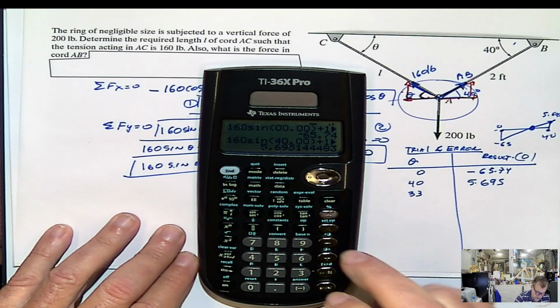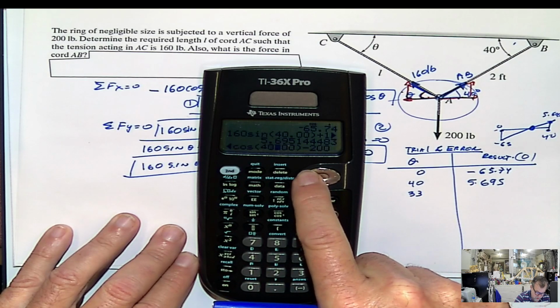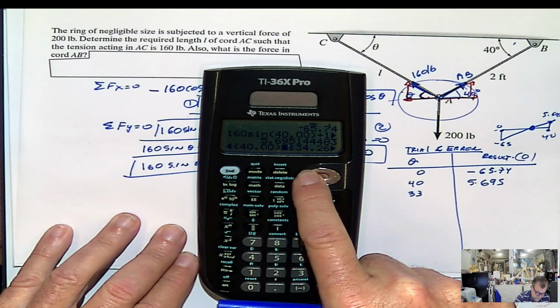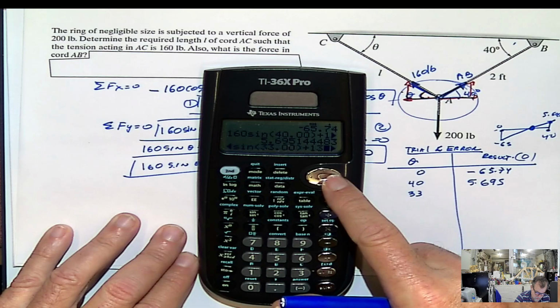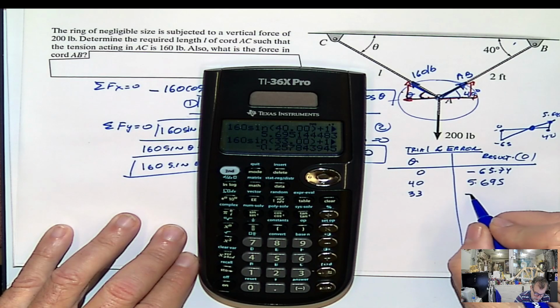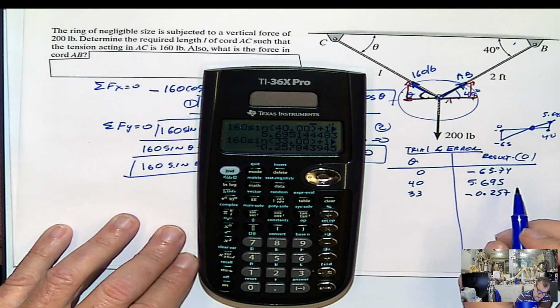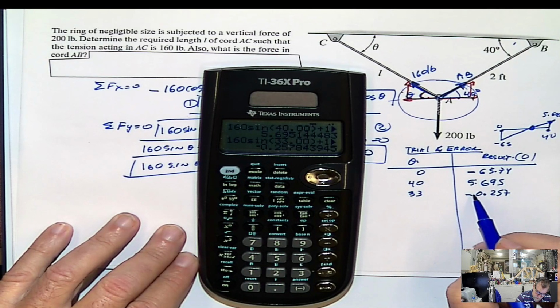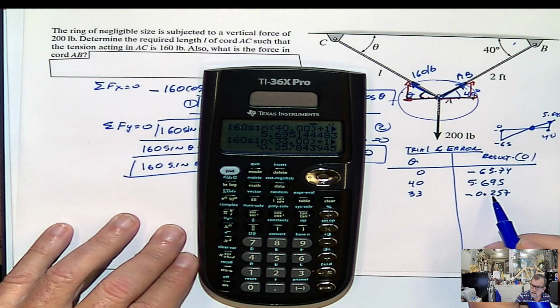I go up and substitute 33 in my equation, and then I get negative 0.257, which means there's still a 0 crossing between 33 and 40, but really close to 33 and a little bit bigger than 33.